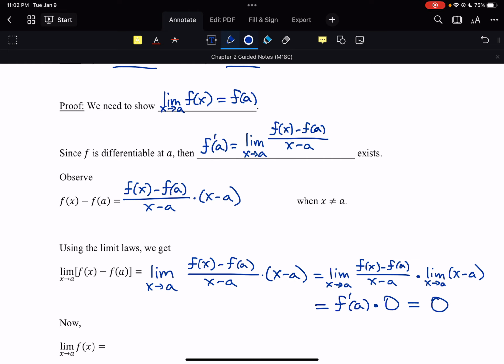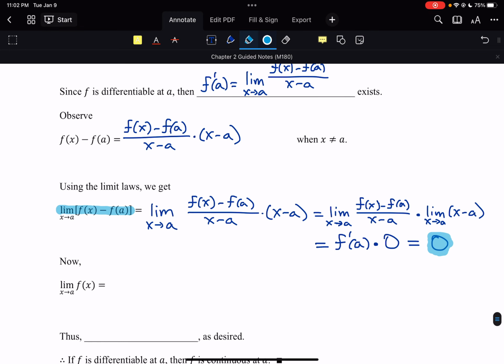So now that we know that this limit is 0, let's take a look at the limit of f of x. So limit as x approaches a of f of x.